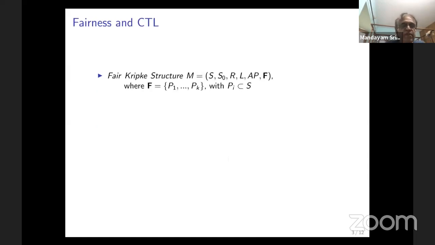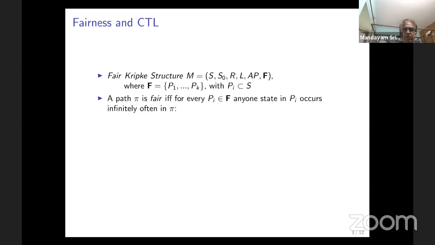So fairness and CTL. This is a recap. As you know, fairness is expressed by defining a fair Kripke structure by adding to the Kripke model a fairness set F of fairness constraints.